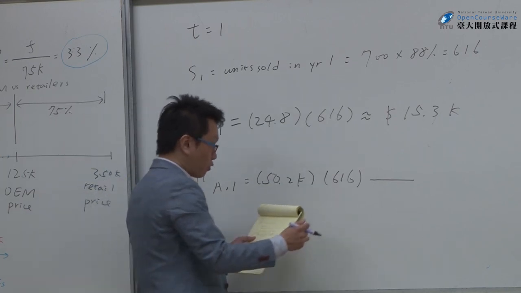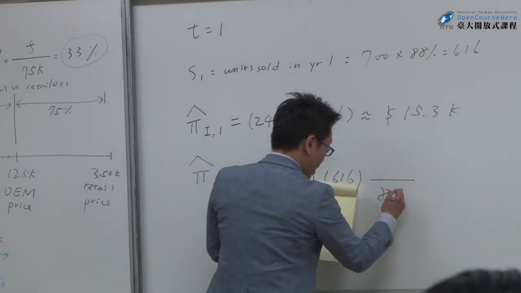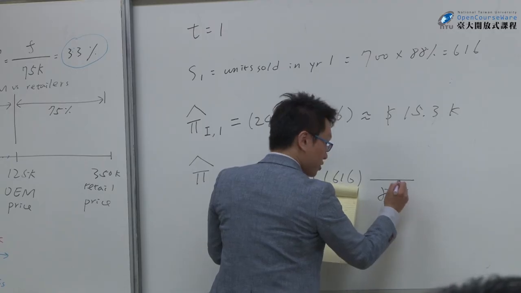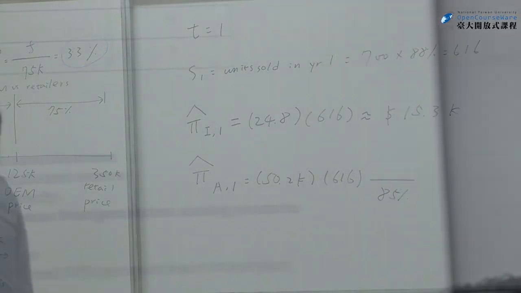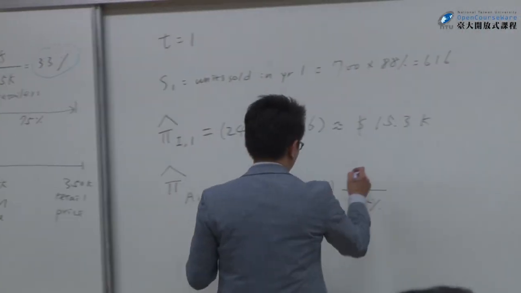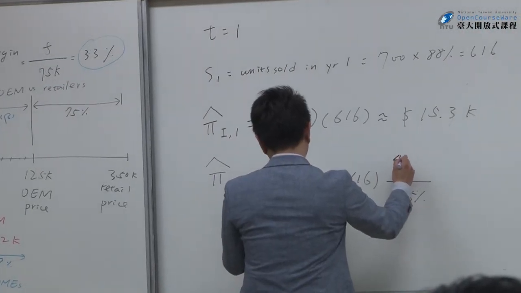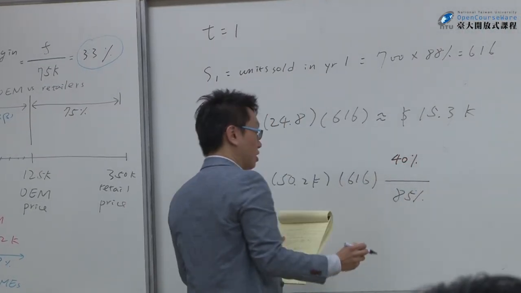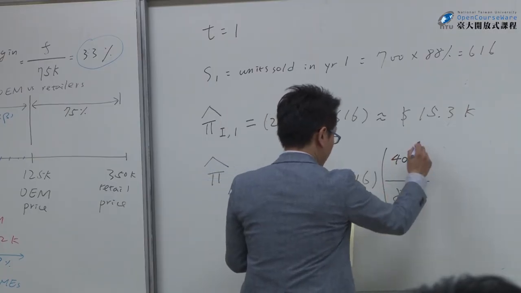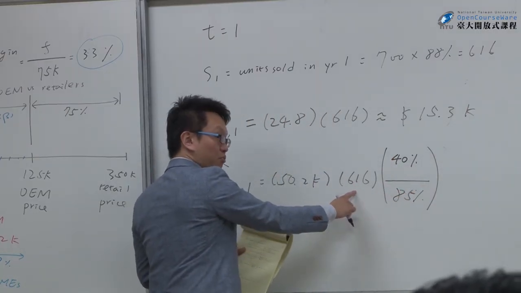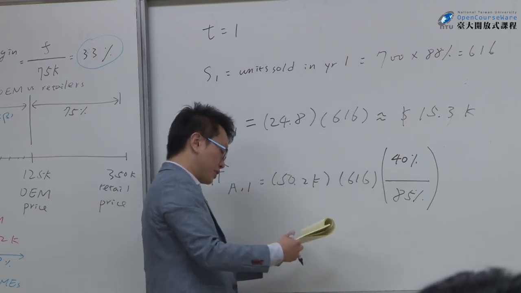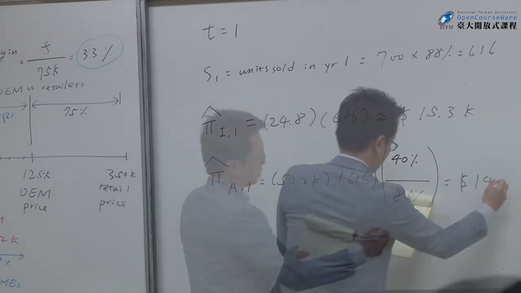The Big 4 total market share will be 85% of the entire share. And if we check the slides, we say OEM A has 40% share among the Big 4. So this will be the ratio for OEM A to appropriate the share from the entire second generation units sold.